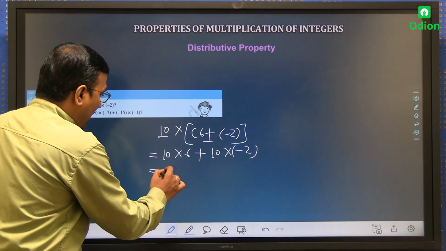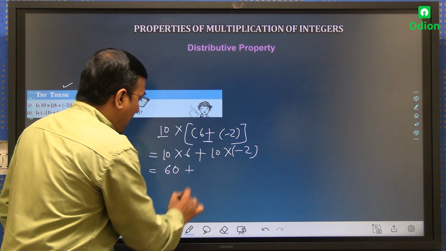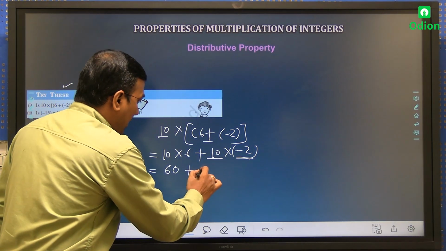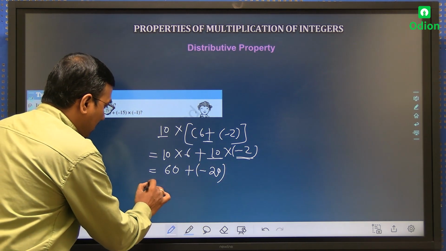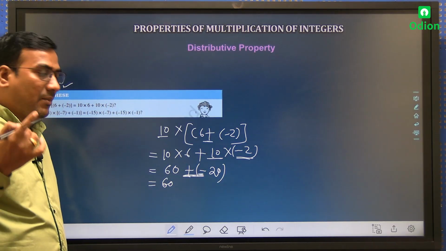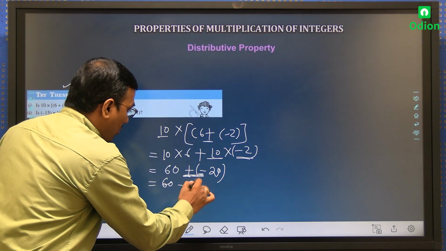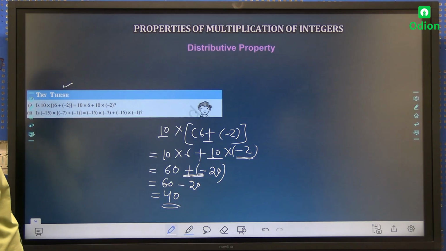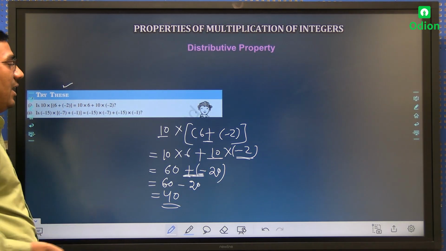The value of 10 into 6 is 60, plus 10 into minus 2. What will it be? Minus 20. I have to put a bracket. 60 plus, and plus and minus if we multiply, what will it be? It will be minus 20. So the answer will be 40. What is asked here?